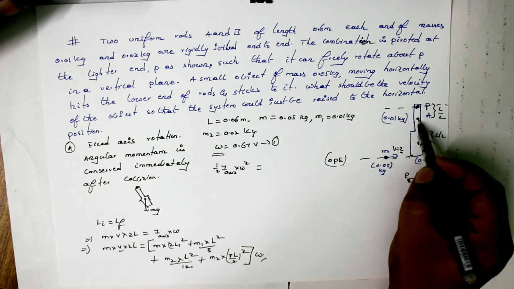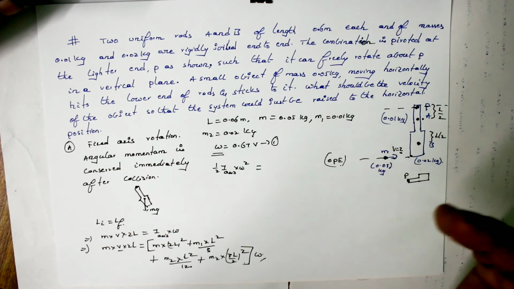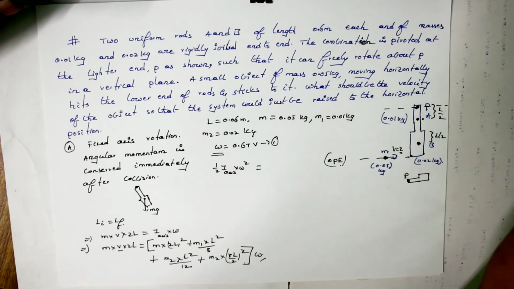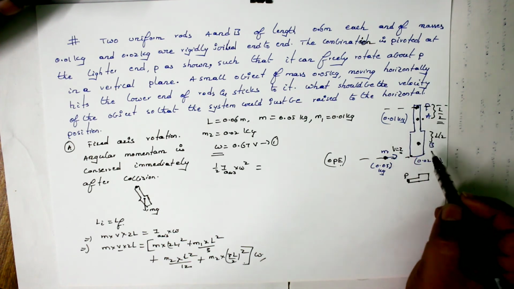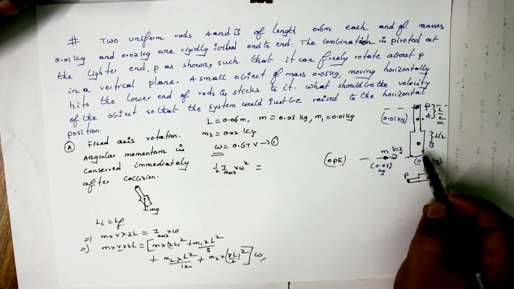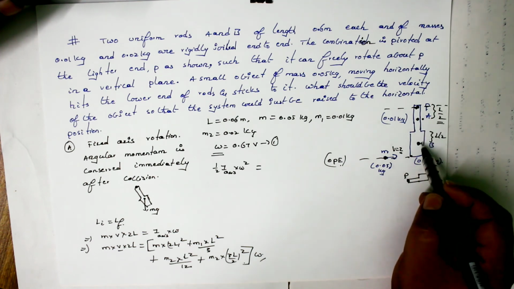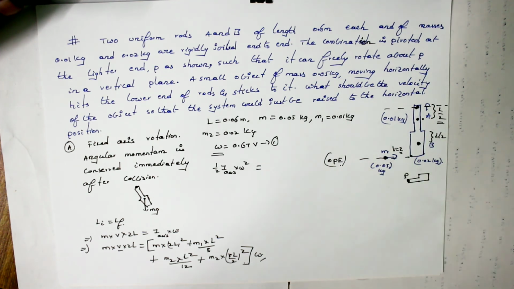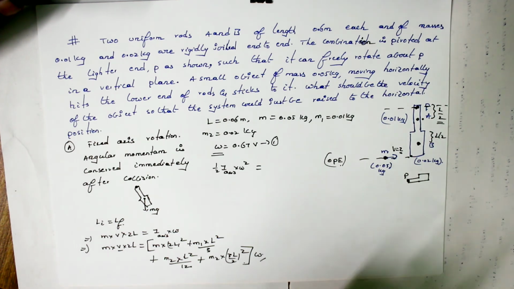Now what about the first rod? Its center of mass is at a distance of L by 2, so after becoming horizontal, its center of mass position also has shifted by L by 2. Similarly, the second rod is at a depth of 3L by 2, so when the rod becomes horizontal, its center of mass will also rise to a height of 3L divided by 2.